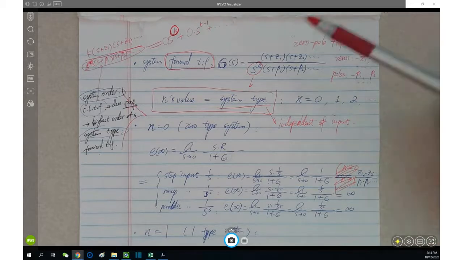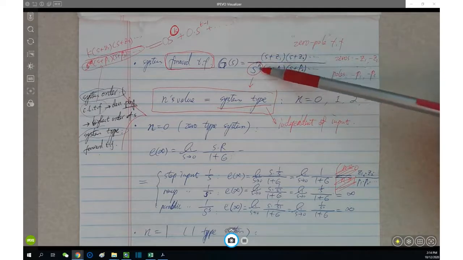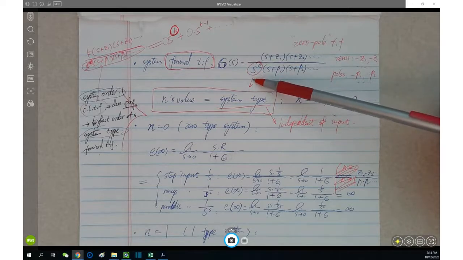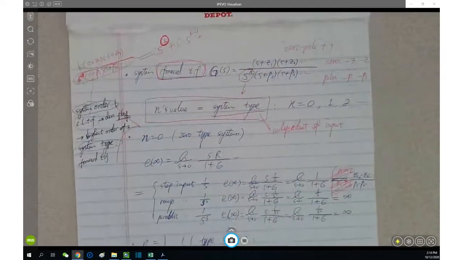So you can imagine in future, given a system's forward transfer function, you need to somehow find out the S term, right? For example, let's say this.